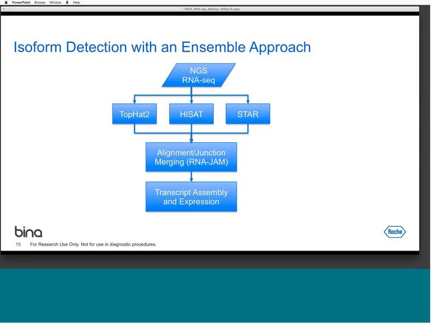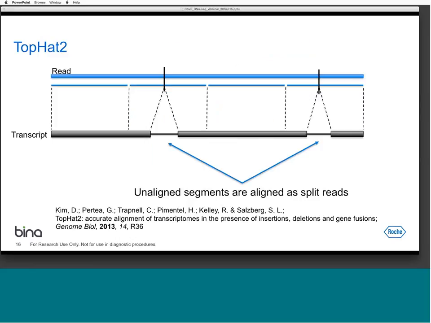In order to understand why we chose these 3 aligners, I'll briefly go over the algorithms of each of the 3 and the differences between the 3 alignment tools. TopHat is a classic split read approach to RNA-Seq alignment. It divides the read into segments and then aligns each of these segments to the genome via a standard DNA-Seq aligner, in its case, Bowtie2.